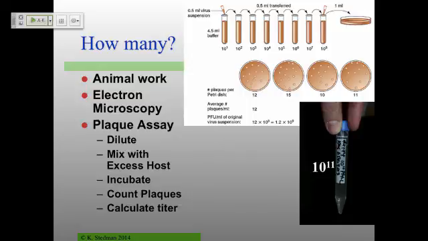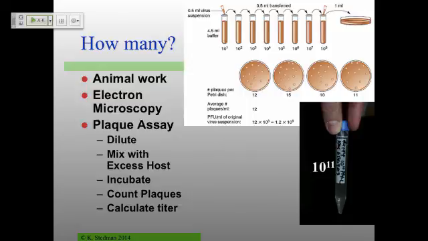And so the idea is here you'll have one infectious virion interacting with one cell, then that will undergo its full life cycle, make more virions, which will infect the cells right next to that first one, which will then make more virions, infect the cells next to that, et cetera. And eventually, you'll end up with a visible area of cells. And in the case of a lot of bacteriophages, you've literally killed off the cells in the process.